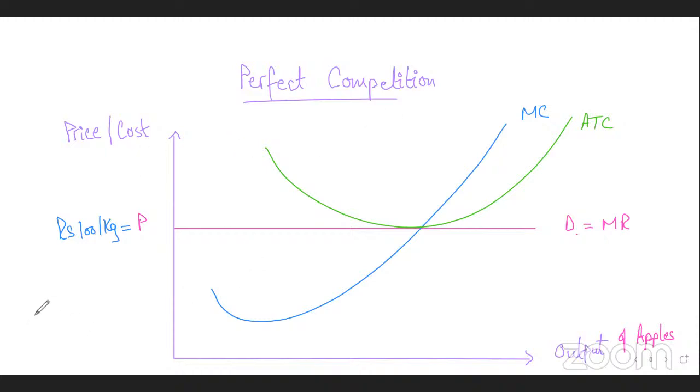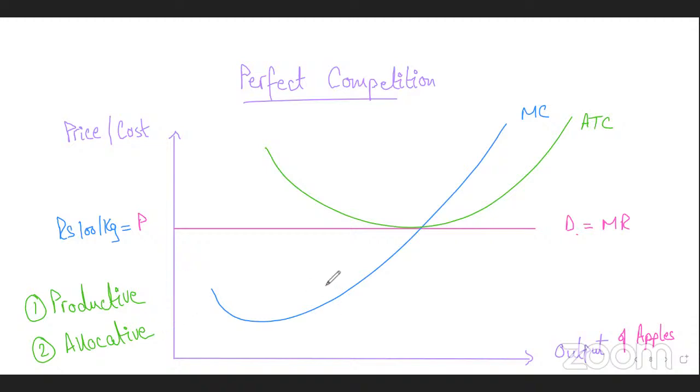For us to find out whether this firm is economically efficient, we have to look at two things. We have to look at whether the firm is allocatively efficient, and whether the firm is productively efficient. So we do know that economic efficiency is made up of these two components. To see if it's economically efficient or not, we have to see whether productive efficiency exists or not, and similarly whether allocative efficiency exists or not.